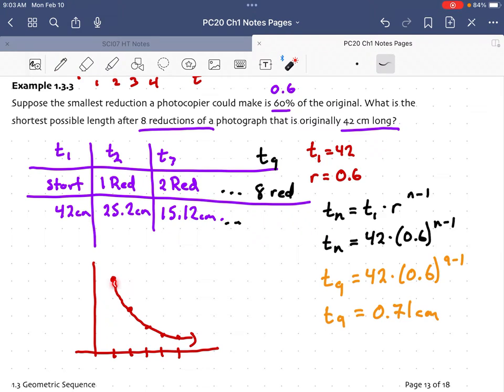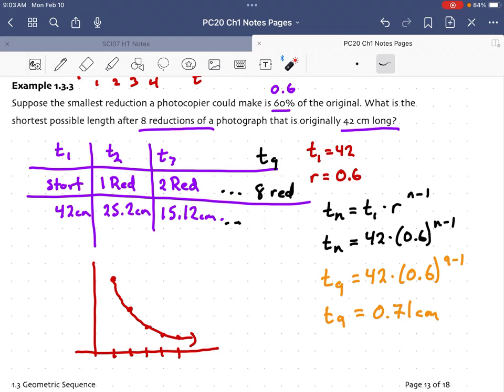Now, I drew this line, but this data is not continuous data. It does not make sense to say term 1.5. We only have whole numbers for terms. I just draw this line to indicate the trend of the graph. Technically, it shouldn't be there.